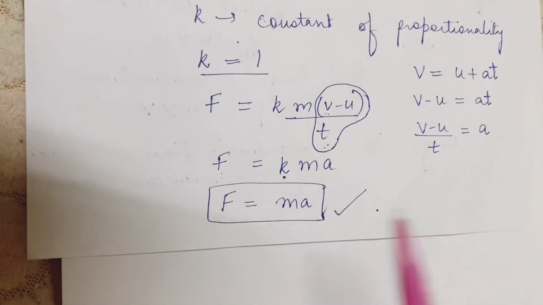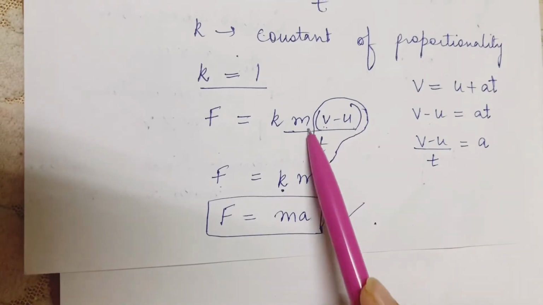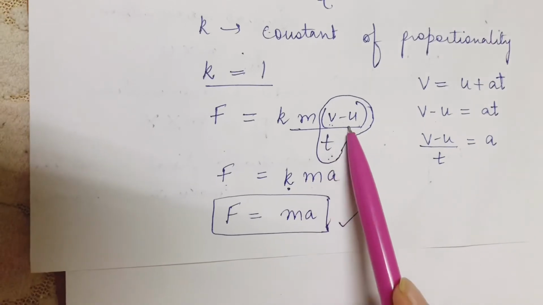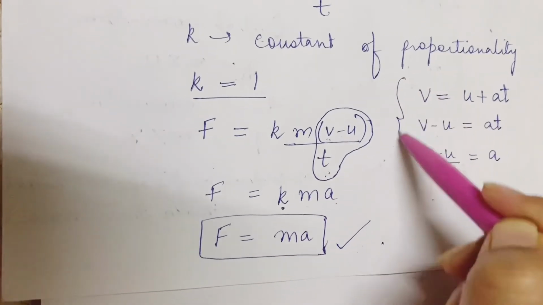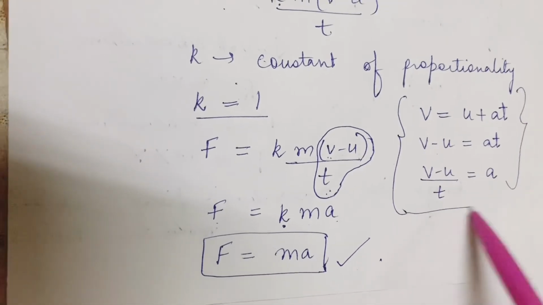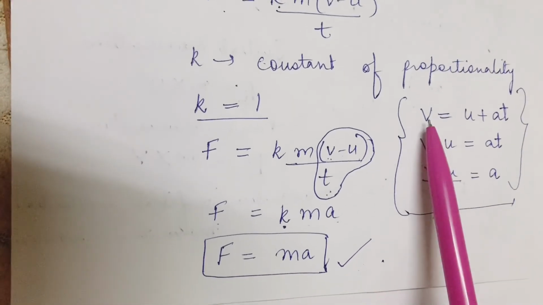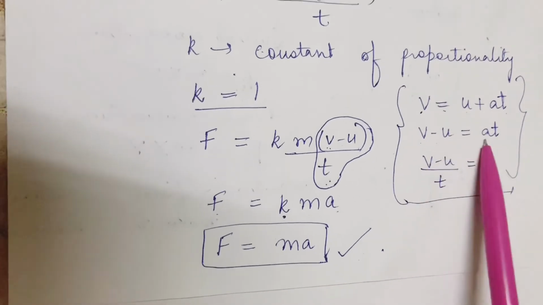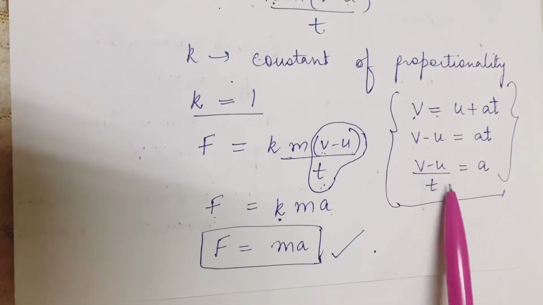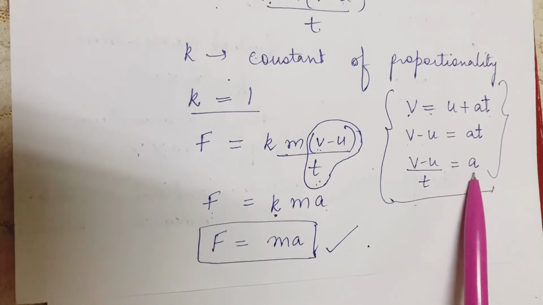Very important concept. Don't get confused about how this value we have written as a. You can see that in chapter number 8 we discussed that v is equal to u plus at. So v minus u is equal to at and (v minus u) upon t is equivalent to a.